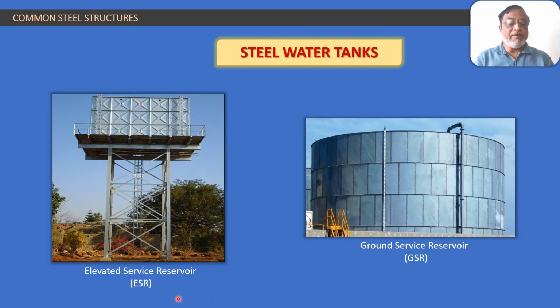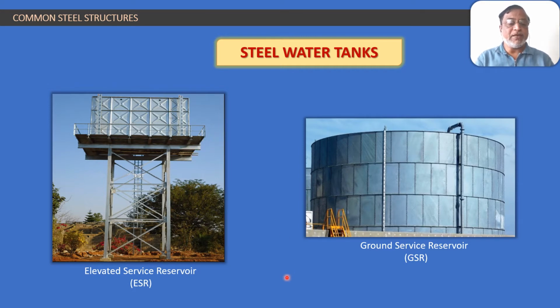Now for an elevated service reservoir, you will require two components. The first component is a beam column structure to raise the water tank to the desired height. The second part is the body of the water tank itself.